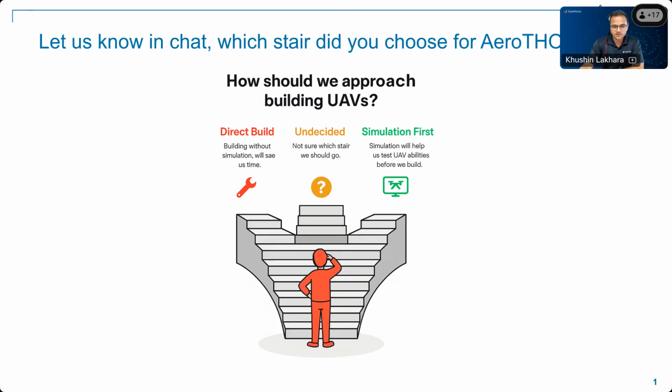Let me know in chat, because this is going to be an interactive session where from both sides we are going to have multiple questions, which I'm going to answer, and I'll also have some quiz along with the webinar, along with this PDP session workshop, where we are going to learn from each other. You guys can let me know in the chat.